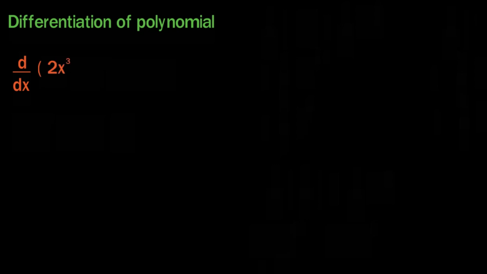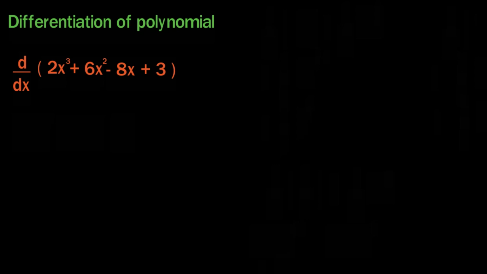So let's say if we want to find the differentiation for a polynomial function, let's say we have 2x cubed plus 6x squared minus 8x plus 3. So what we do is we differentiate term by term.